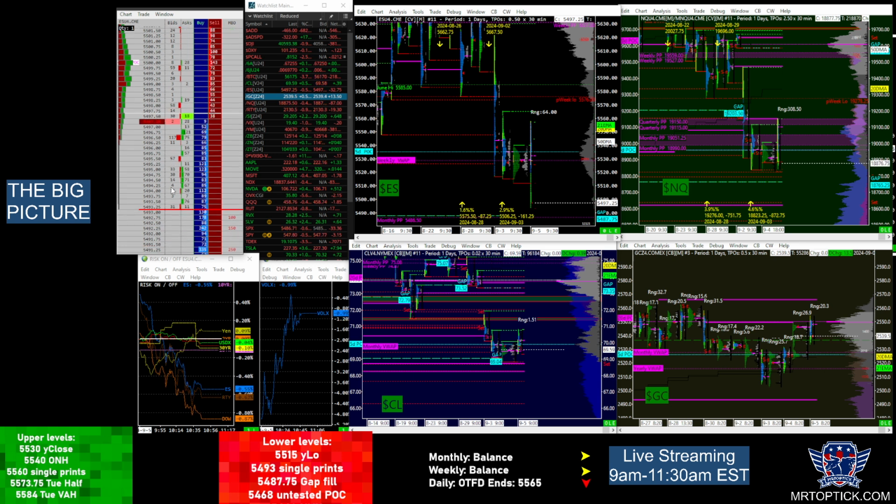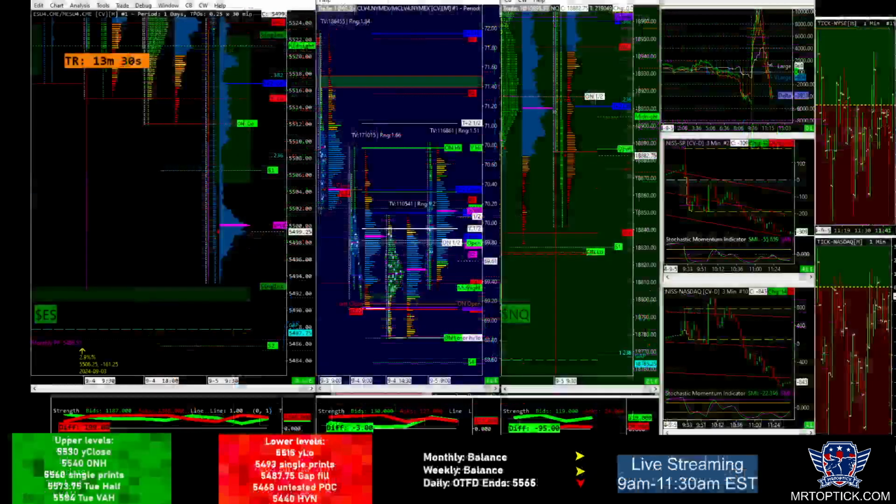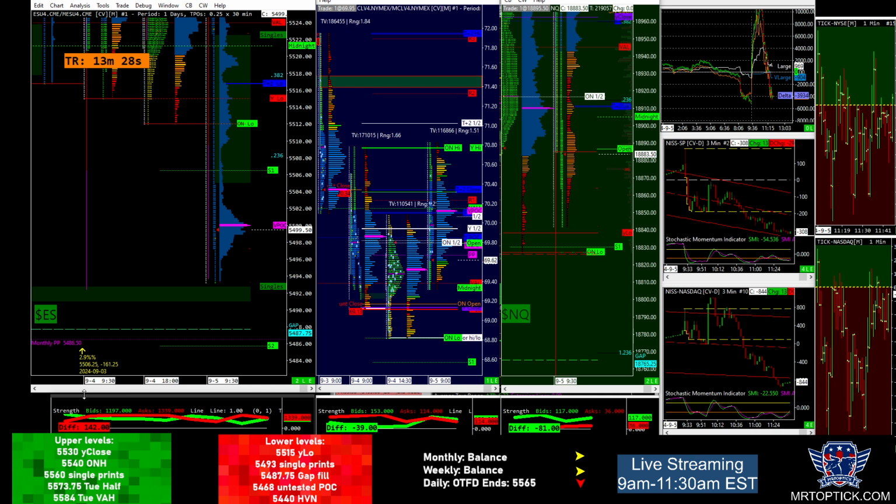And then the second part of your question was, where do I see the pulling and the stacking? You can add a column on the DOM that shows the pulling and stacking, but the way I use that is I'm looking at this indicator right here. This is a custom-made indicator, but there's many ways to look at this.